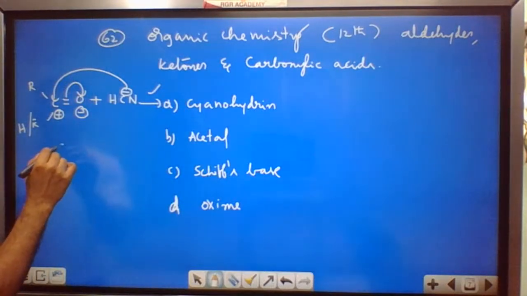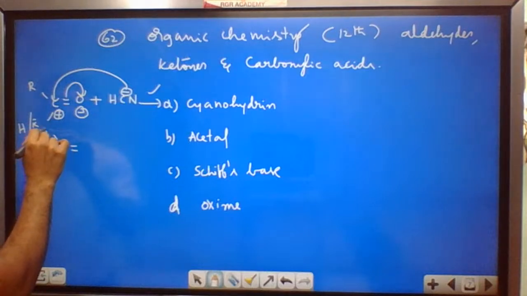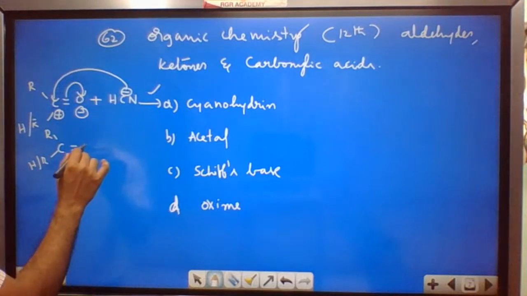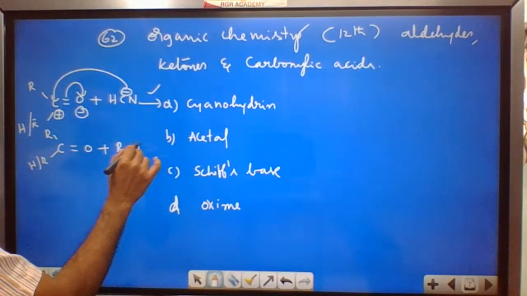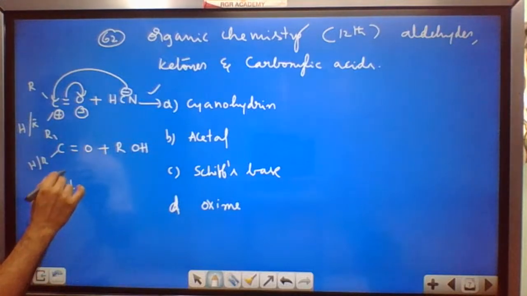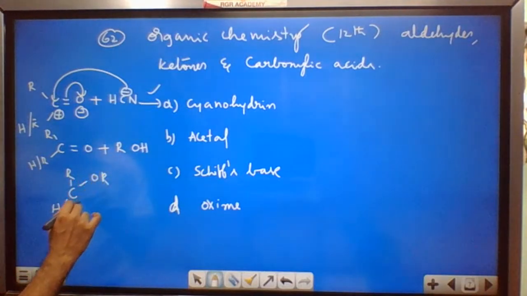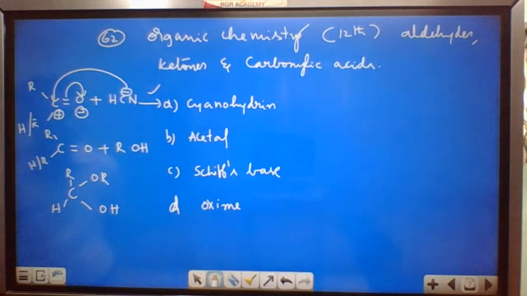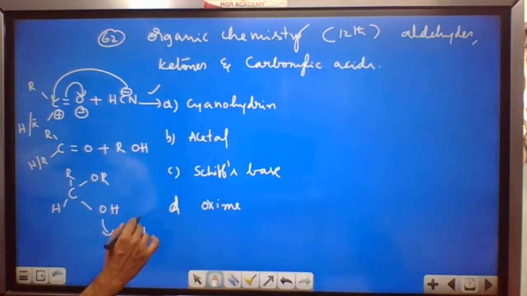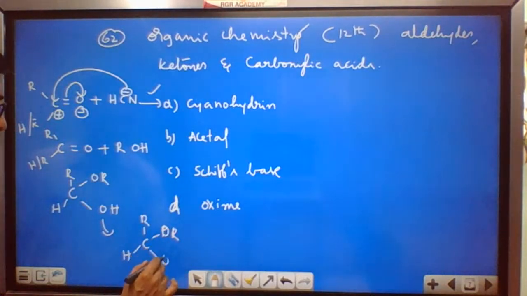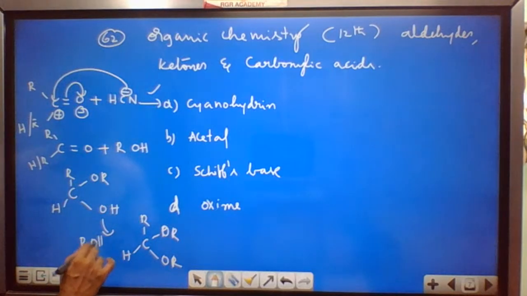Then acetal. When aldehydes and ketones, especially aldehydes, are treated with alcohols, ROH, then what happens? You get OR, OH. So this is actually a hemiacetal. Hemiacetal is further converted into acetal, with OR, by reacting with one more alcohol.